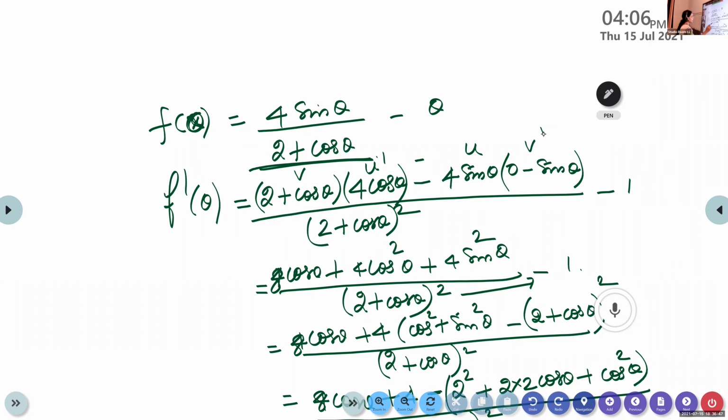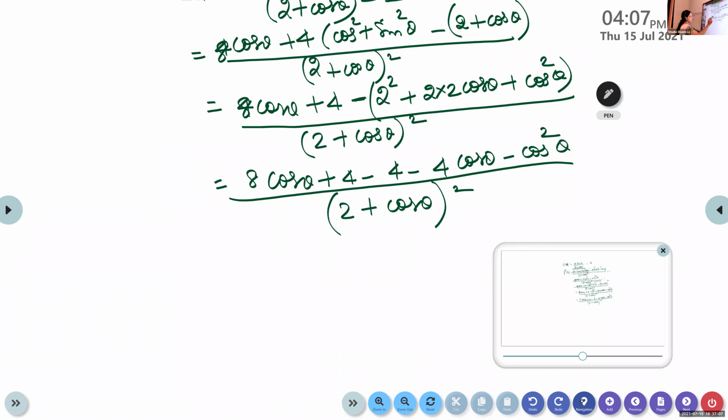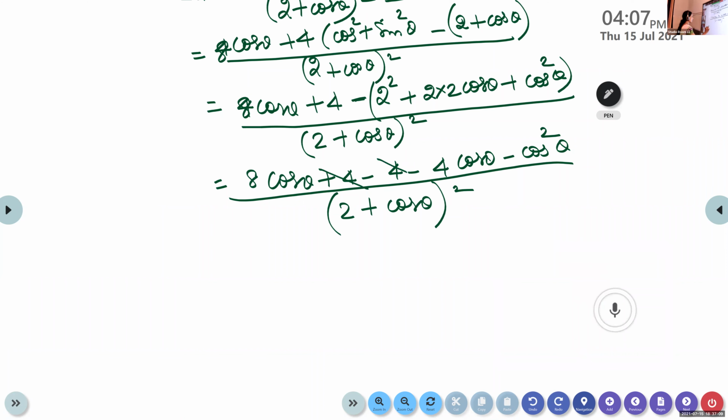Next step, you open the bracket. 4 into 2, 8 cos theta plus 4 cos square theta minus of minus plus 4 sin square theta by 2 plus cos theta the whole square. Next step, we take the LCM and expand it. When we expand it, plus 4 and minus 4 will get cancelled.